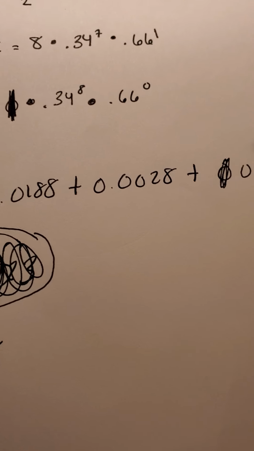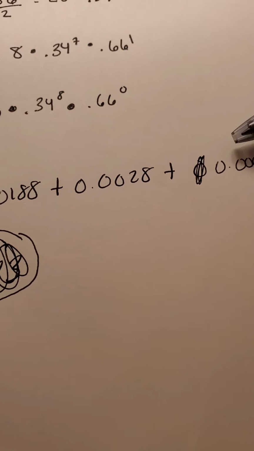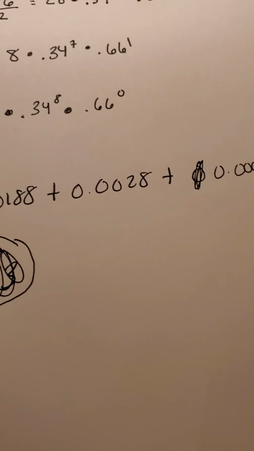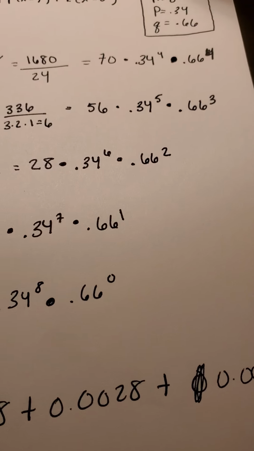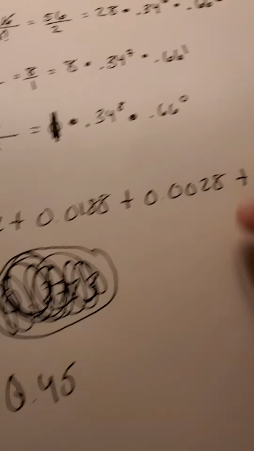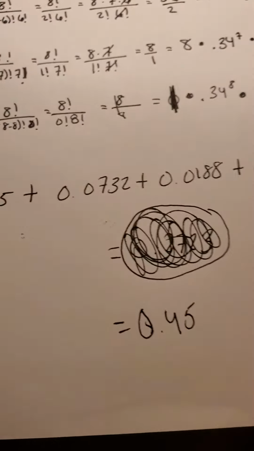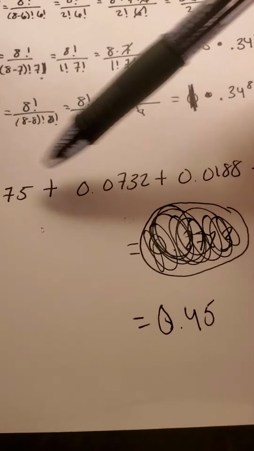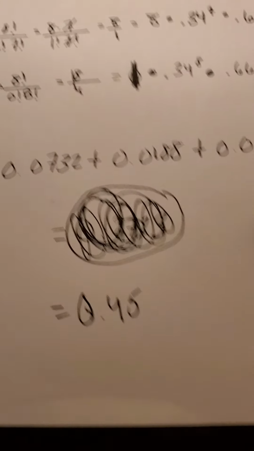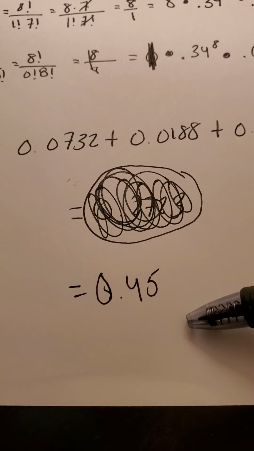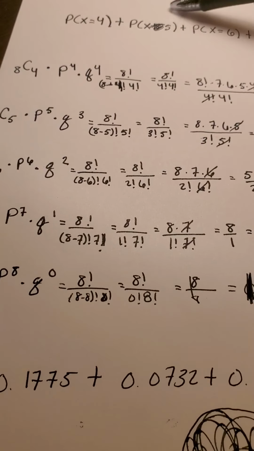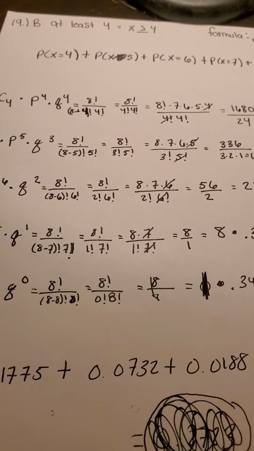And then for the combination of 8, you have 0.002. That's after using this formula up here and plugging in all of your answers, is how I got each of these. And then we're going to simply add all of these together, and when you add them all together you get 0.45, and that is the answer for B, at least 4.